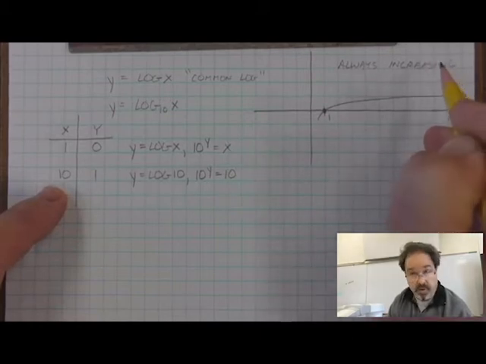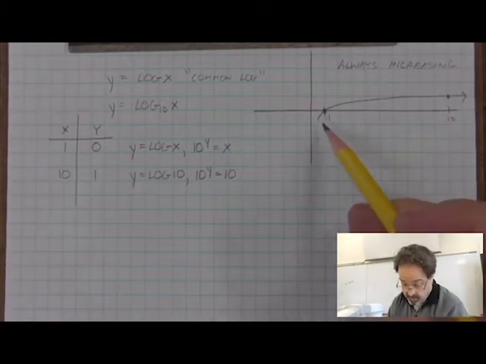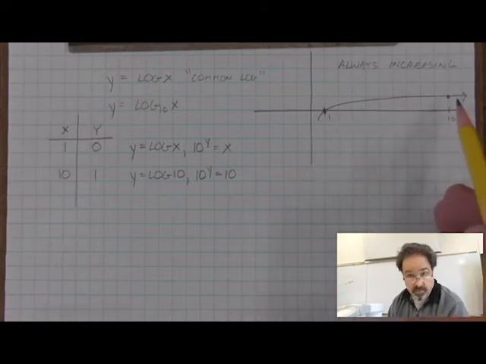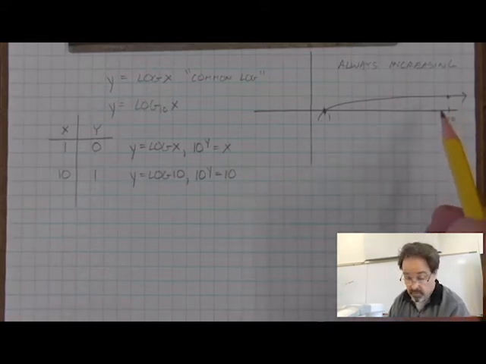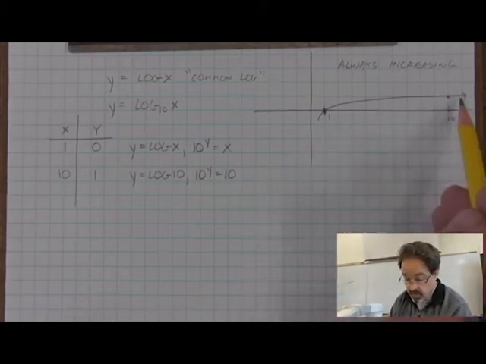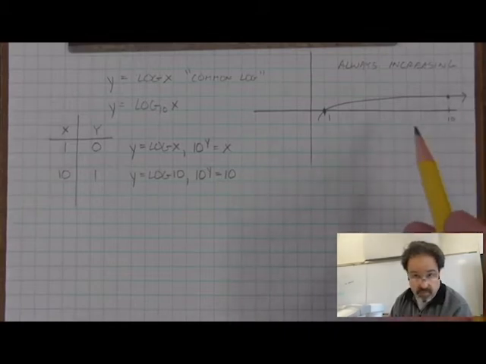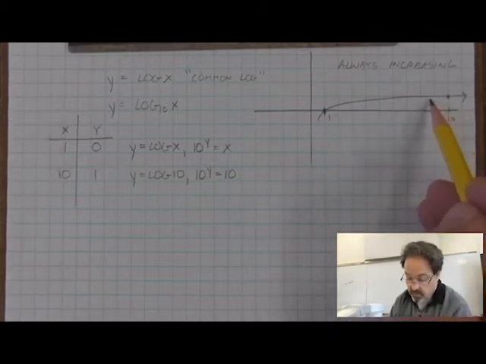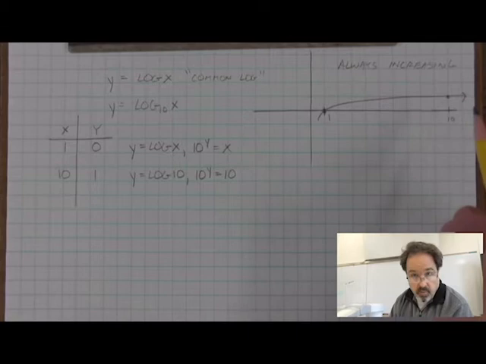It doesn't look that way. In this graph, it looks like the line is leveling off and becoming horizontal. But it doesn't. It always increases, even though its rate of increase slows down. And the further you go on the x-axis, the slower the y will increase.